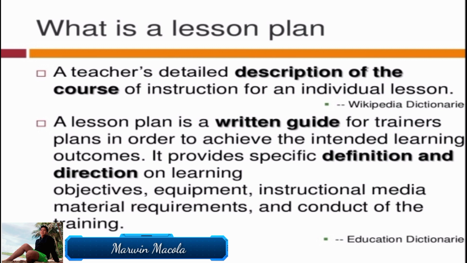It provides specific definitions and direction on learning objectives, equipment, instructional media, materials, and conduct of training. A term plan for those in tertiary level is the course syllabus required of each professor in college every term, semester, or summer. It is also called a course plan or course study.